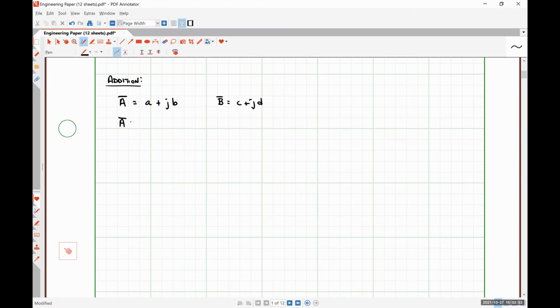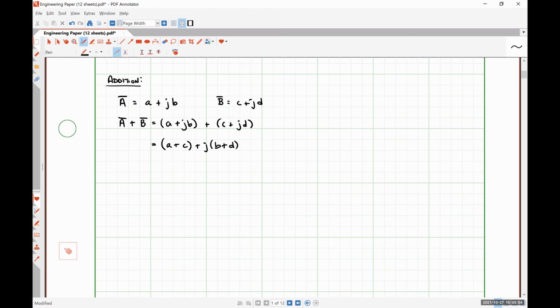If I want to add complex numbers A and B, simply add them, right? So this would be a plus jb plus c plus jd. I can see that the real parts add together. So I would have a plus c plus j(b plus d).